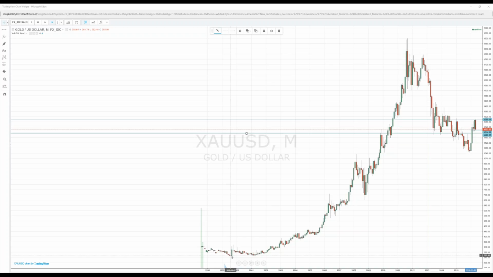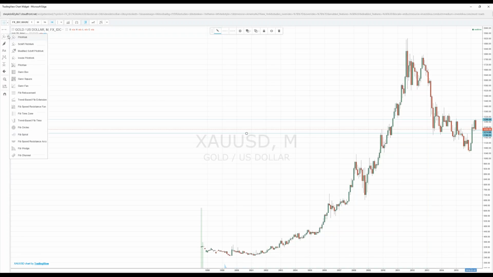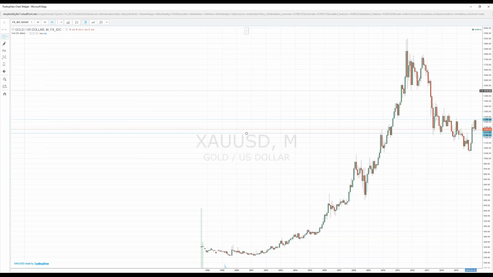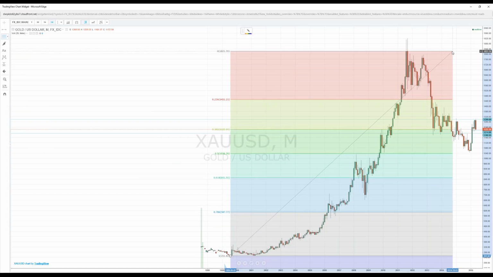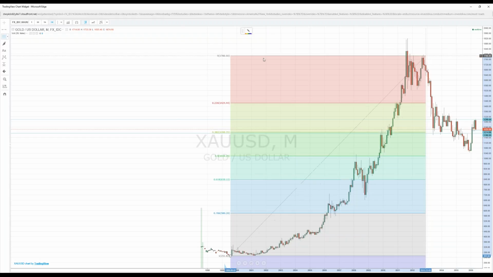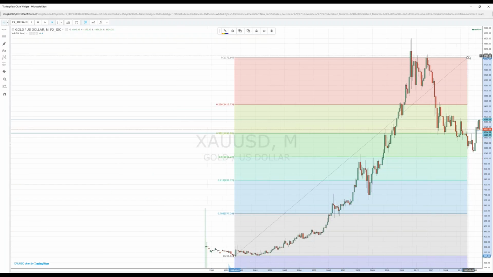When it comes to gold prices, I'm going to try and see if there is a Fibonacci over here. Yep. So this is what we can use for the levels that we can focus on.